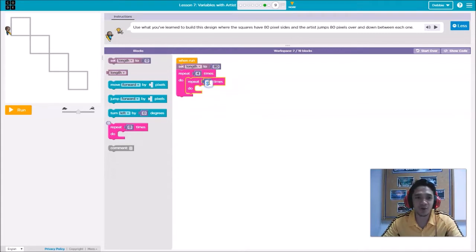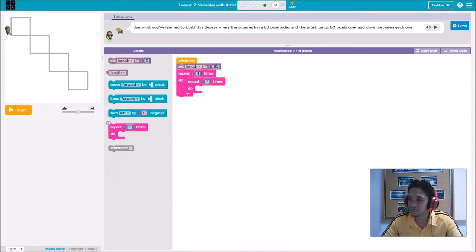Because we are drawing a square, we have 4 also. A square has 4 sides, and we also have 4 squares. So repeat 4 times and repeat 4 times here. This is for the number of squares, and this is for the number of sides, so that you will not be confused. Are you with me? Can you follow?